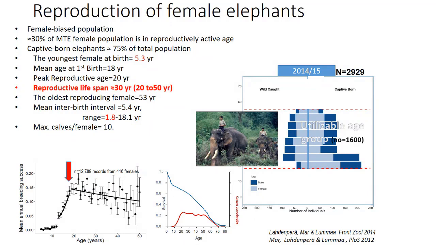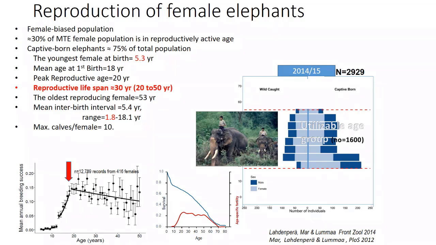The third is that if she conceives in the first heat, or foal heat, and gives birth, the calf born from this foal heat becomes a sibling competitor for milk with the previous calf. The female has to feed two calves at a time, which is not good for her. It is very demanding for a female elephant to let two calves suckle at the same time.